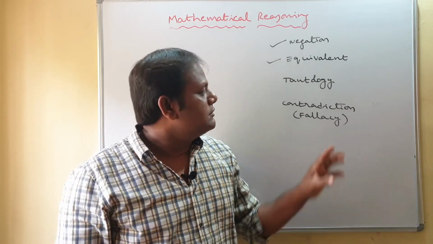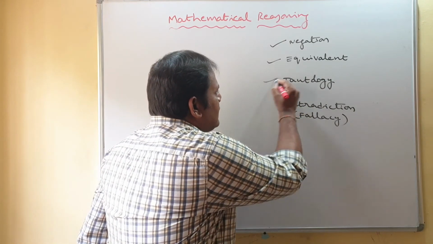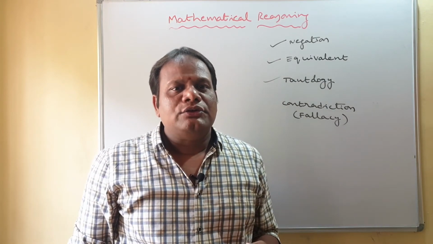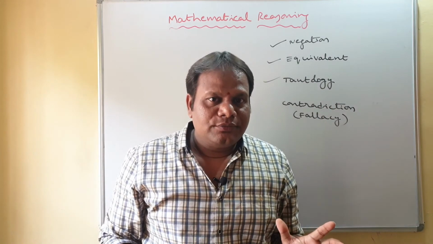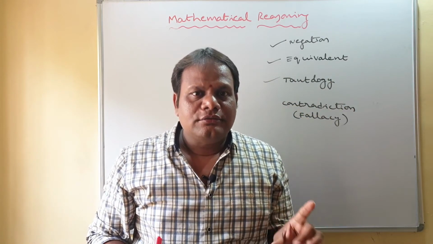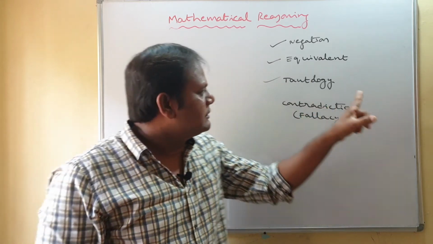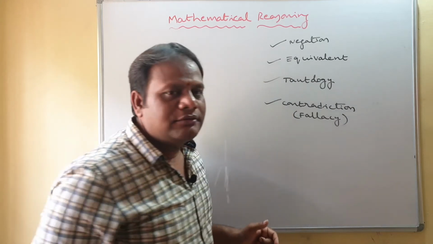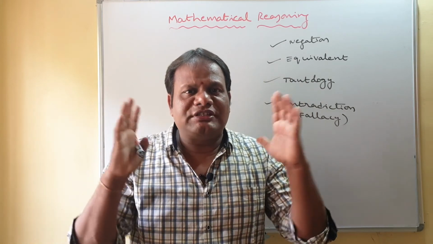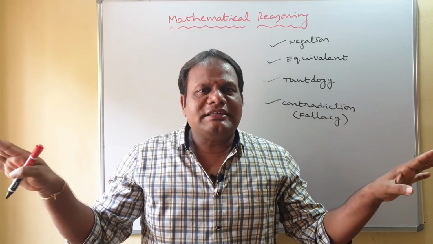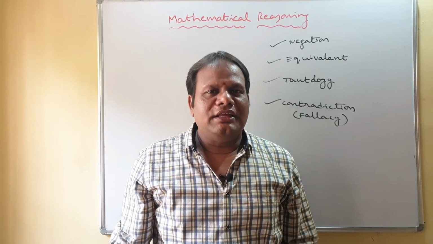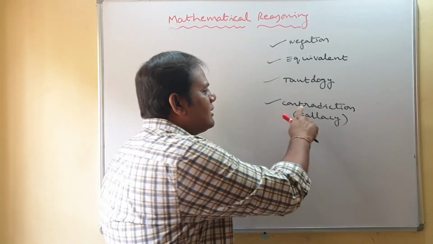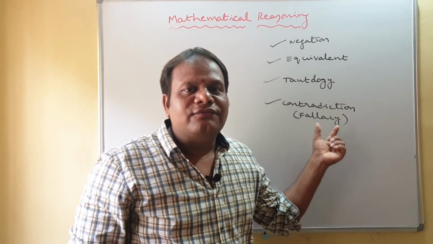Remember that. The next one is tautology. For a compound statement, if in every case that is true, then that is called tautology. The next one is contradiction. A compound statement which for all the cases is false is called contradiction or fallacy.